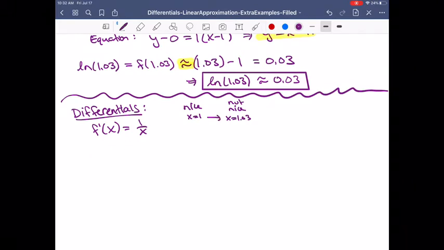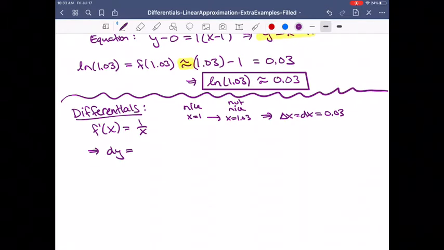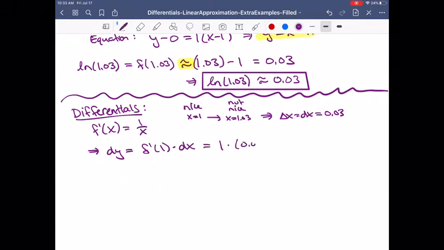To go from the nice to the not nice, my delta x, or dx, has to be 0.03, because the not nice point equals the nice point plus dx. So I need to add 0.03. That's my dx. So dy is f prime at my nice point times the change. f prime of 1 we know is 1, and the change is 0.03.